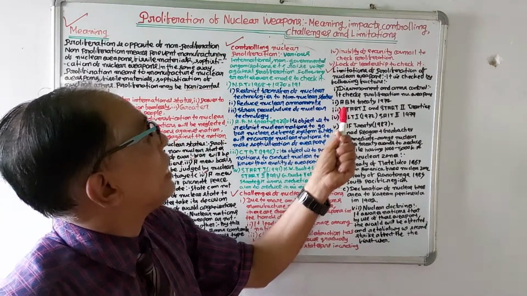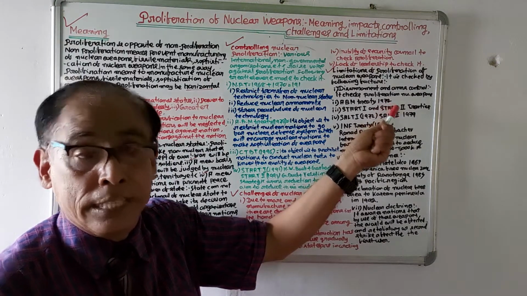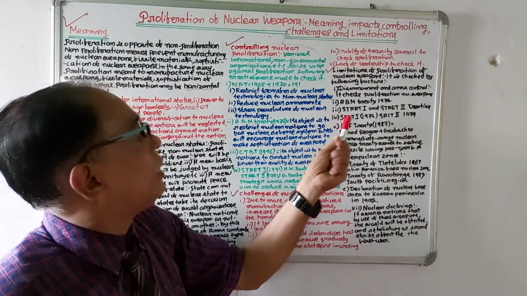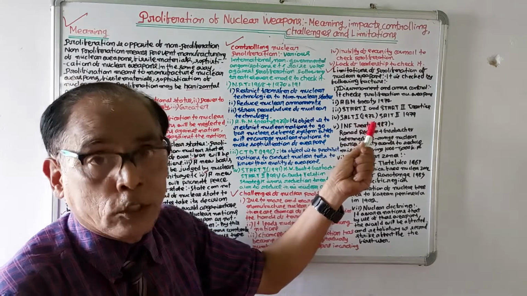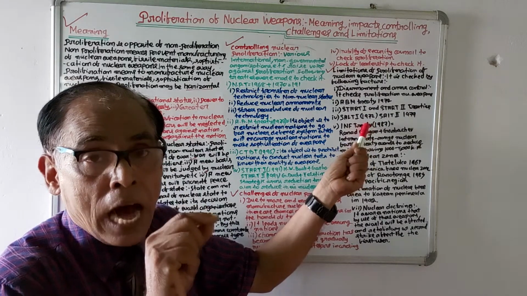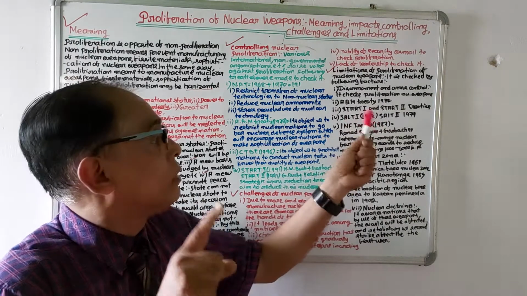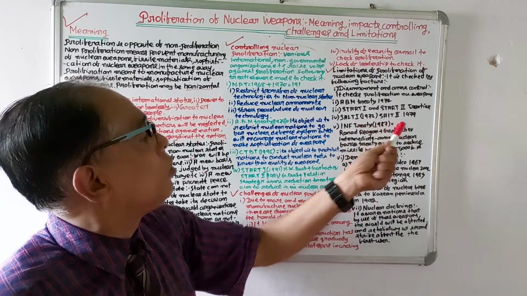Number 2, ABM Treaty of 1972, Anti-Ballistic Missile Treaty. It is also a check to the proliferation of nuclear weapons. Number 3, START 1 and START 2 treaties. SALT 1 was signed in 1972, Strategic Arms Limitation Treaty 1, and Strategic Arms Limitation Treaty 2 was signed in 1979.